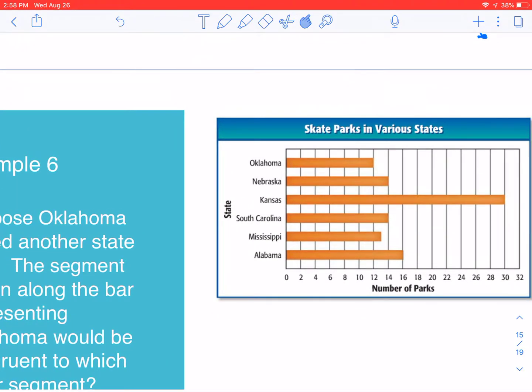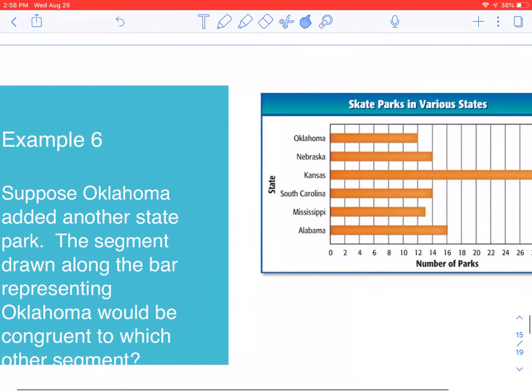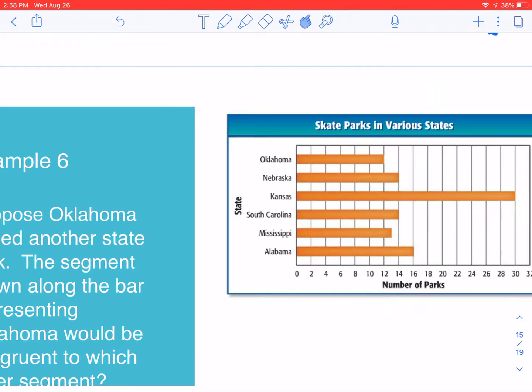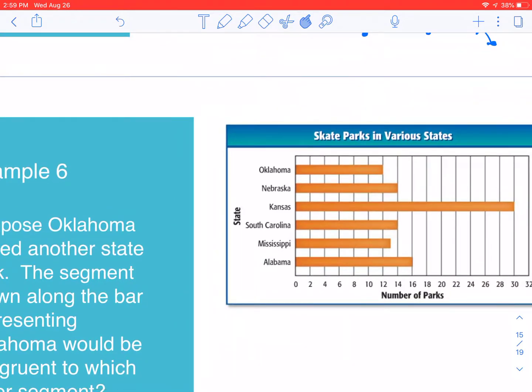So it says Oklahoma is congruent to what? Okay. Now, nothing is congruent to Oklahoma. If we look here, if I draw a line right here, nothing's the same. If I said what two states are the same, you would say Nebraska and South Carolina, and you might do that.